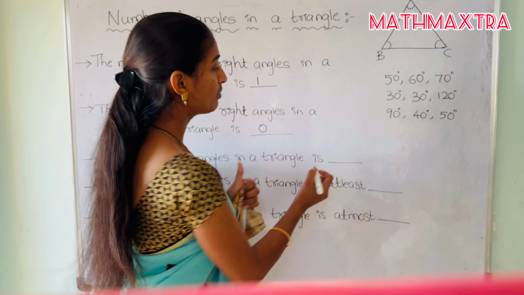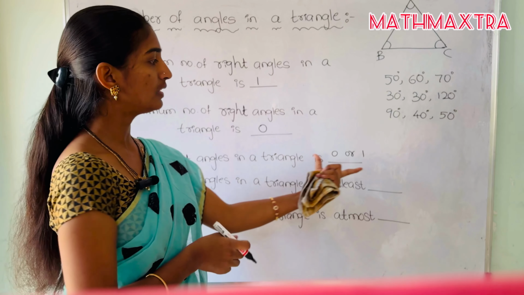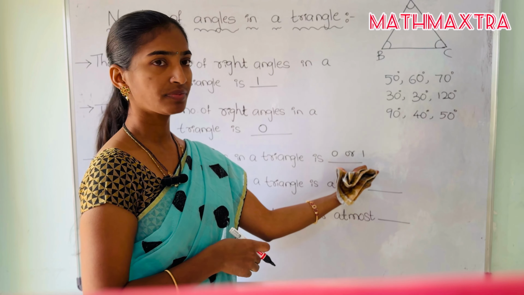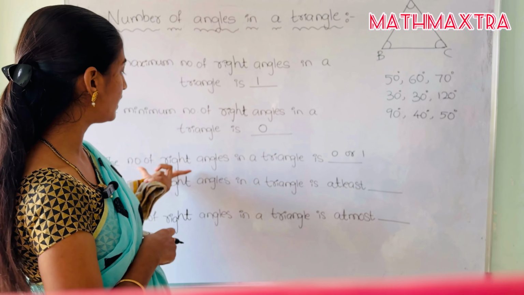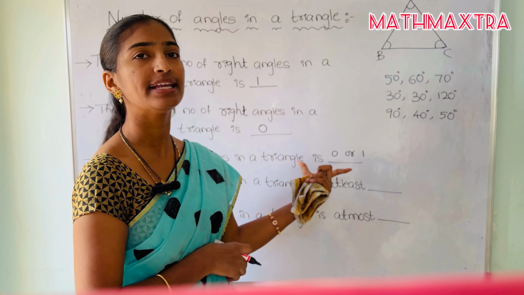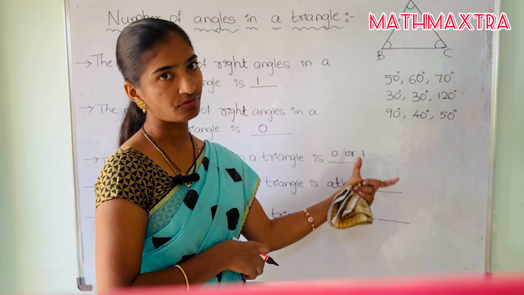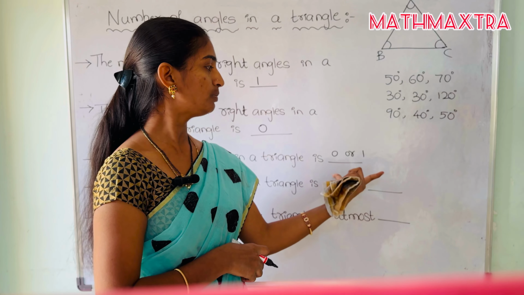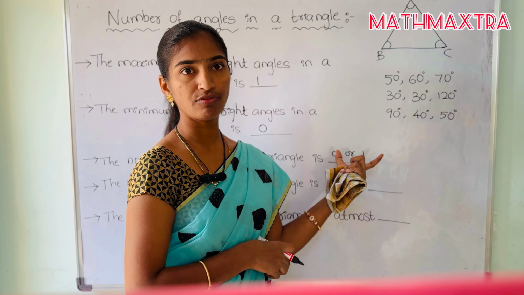Check, so minimum 0 or maximum 1. So there are two ways possible. That is why, if the question mentions "the number of right angles in a triangle is", at that time you have to answer 0 or 1. So both may be answers. So you have to check the options carefully.